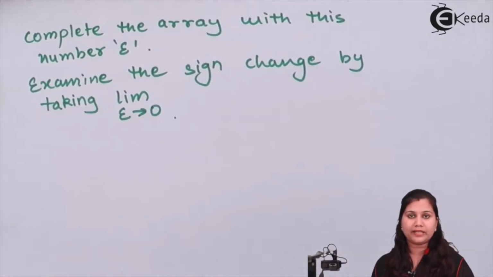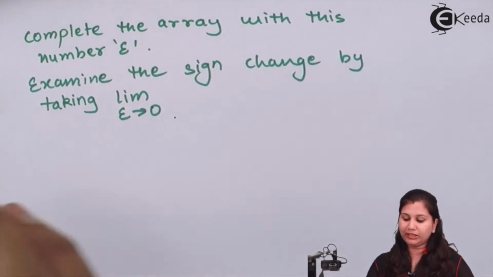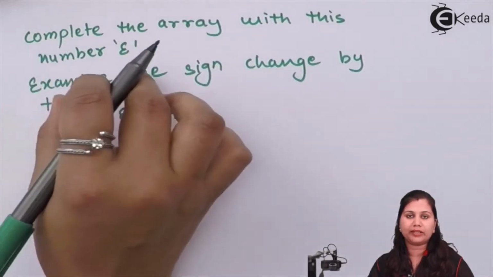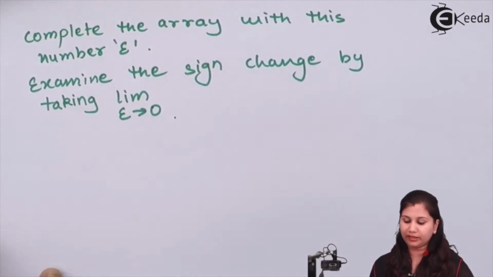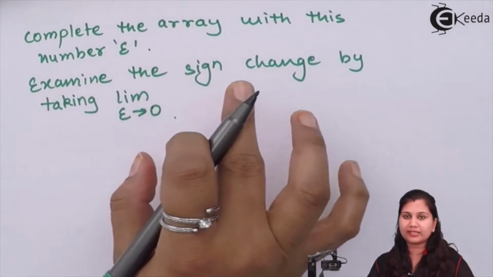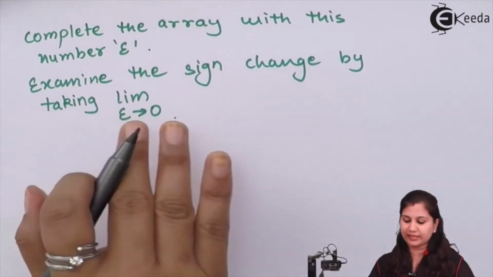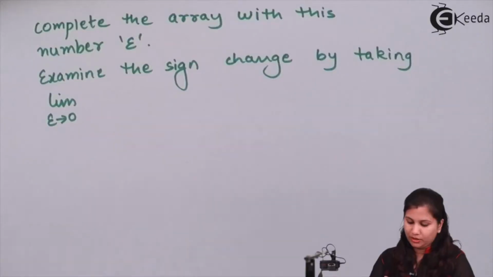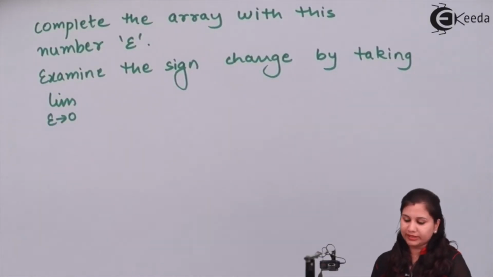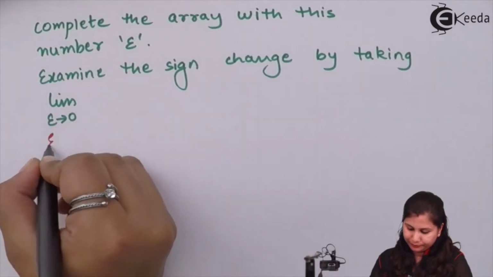So we are going to replace 0 by epsilon. Then we will complete the array by using this number epsilon. The array will be completed. And then we are going to check the sign change by taking the limits epsilon tends to 0. So let's take an example so that this will be clear to you.